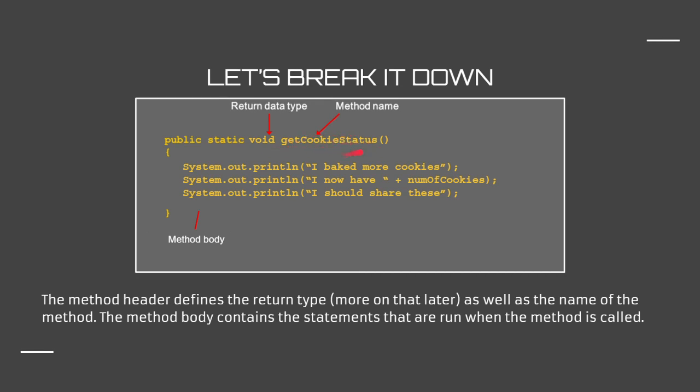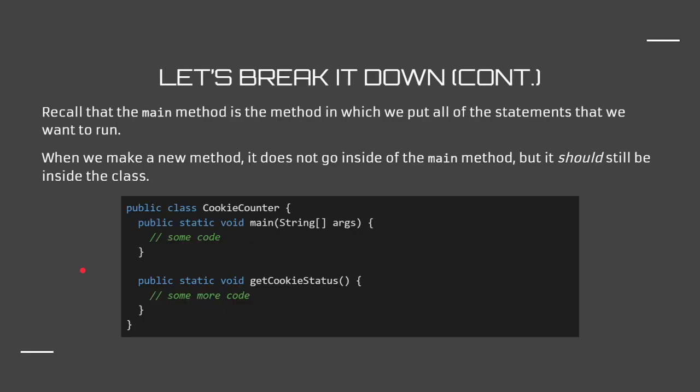So the name is getCookieStatus. Just like a variable has a name, a method has a name. Then in here is the method body, and this is the code that is executed by the method. So the method header defines the return type, more on that later, as well as the name of the method. The body contains the statements that are run when the method is called.